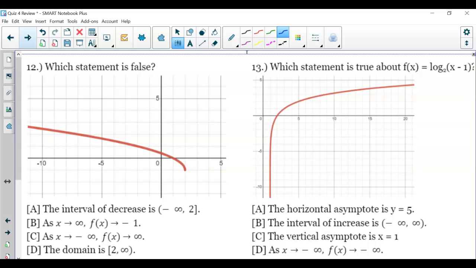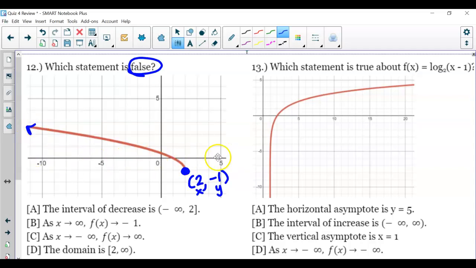Now, question number 12, which statement is false? So now keep in mind, we are focusing on a radical function. So I'm going to identify my starting point, which is at (2, -1), which is my x here and my y. So let's start with domain, because I see I have a domain option. Well, the domain, remember, that's your x's.